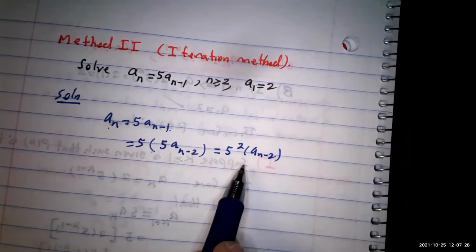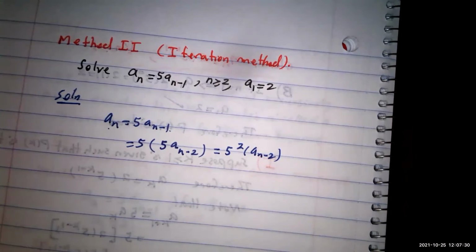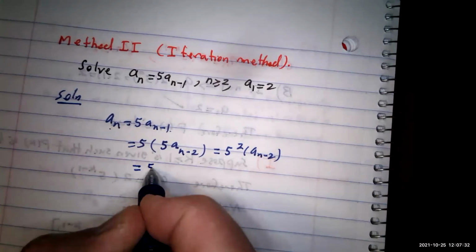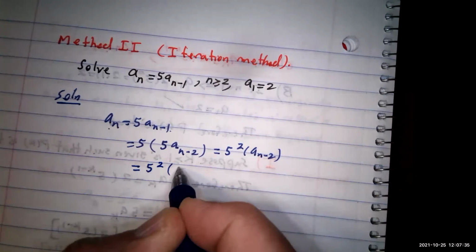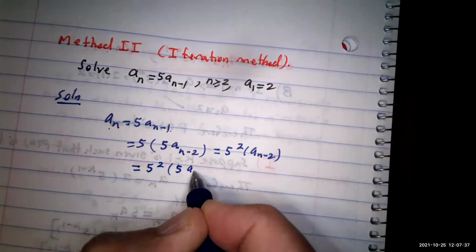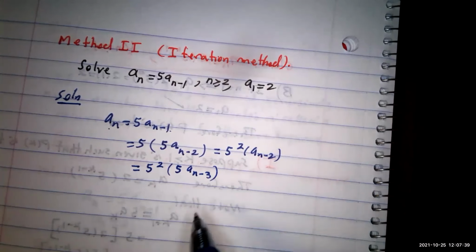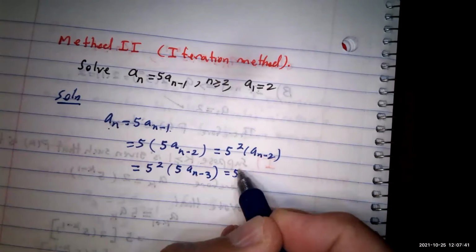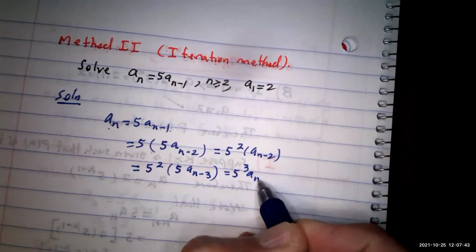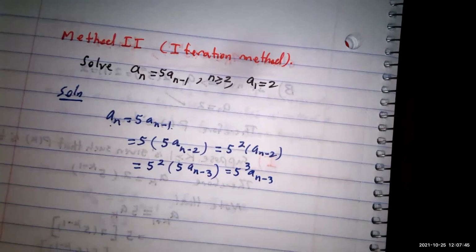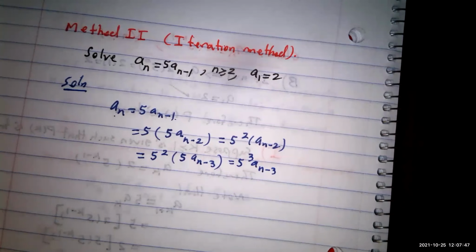Now repeat the formula again for a_(n-2). So what's going to be the result? It's going to be 5 squared. Again, it's going to be 5 times 5 times what? a_(n-3). So that will be 5 to the third times a_(n-3). Sorry, a_(n-4).